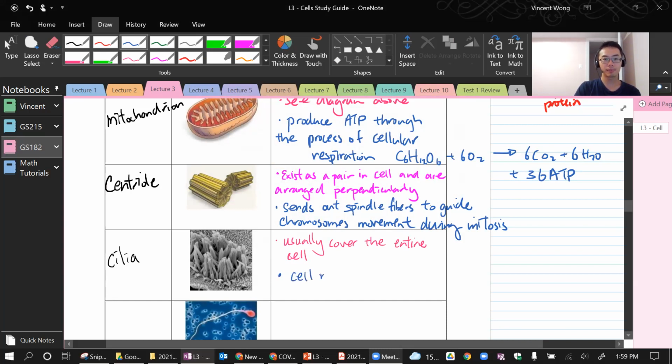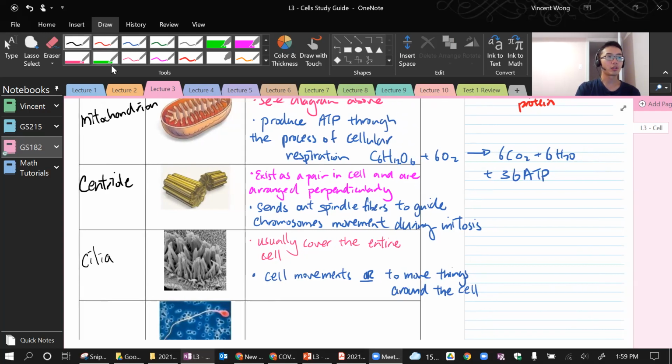Cell movements, or to move things around the cell. So I'll give you 2 examples.